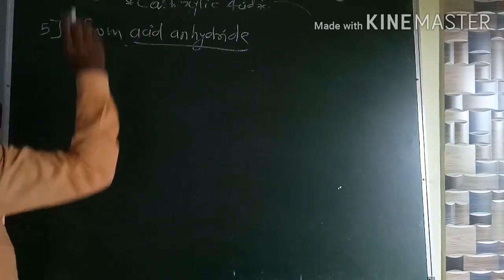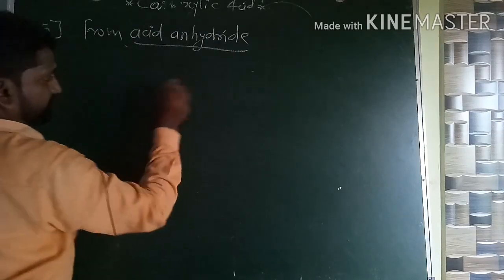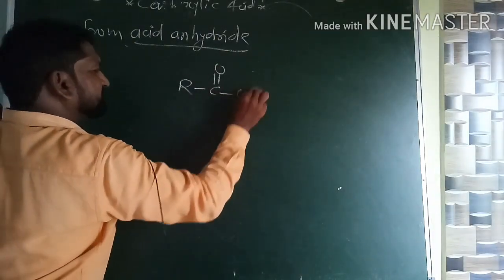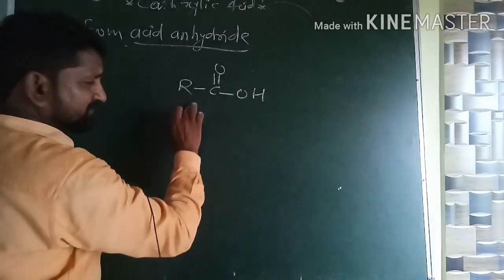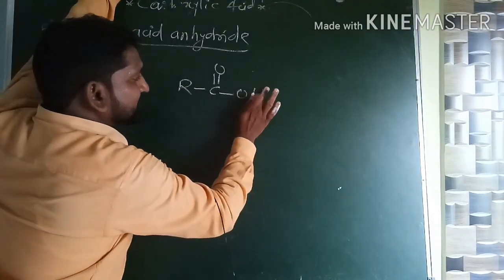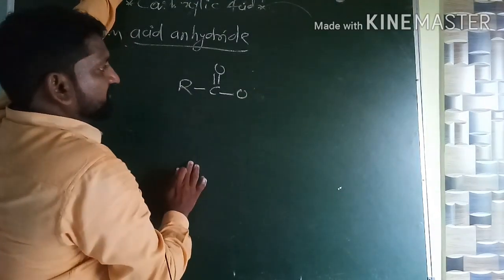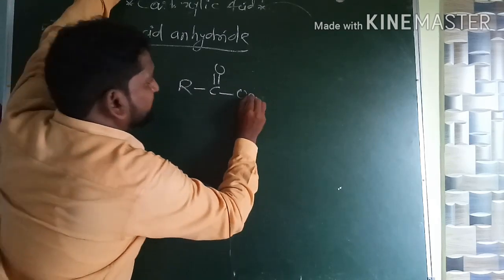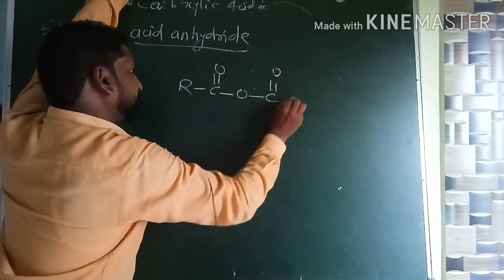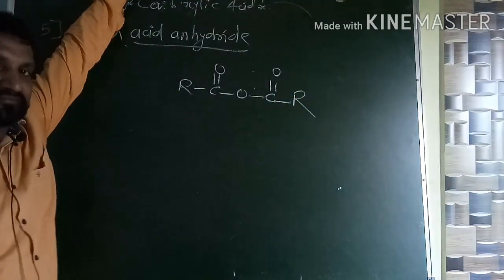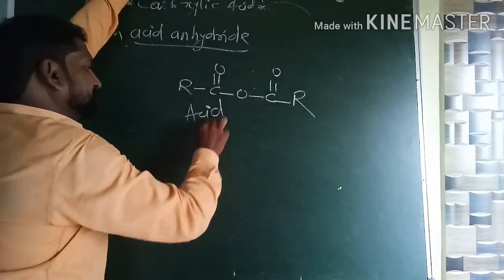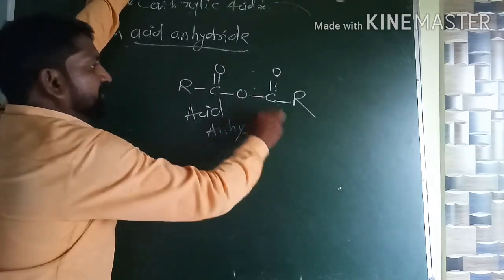So how to write acid anhydride? Just see here. R C double bond OOH. Okay, this is your carboxylic acid. Replace this H and reverse this side. This side you have to reverse. It will be like this. Okay, what is this? This is your acid anhydride.